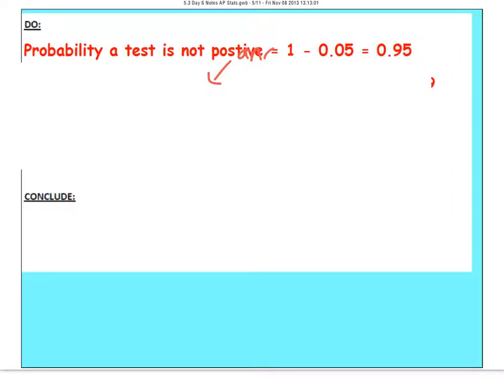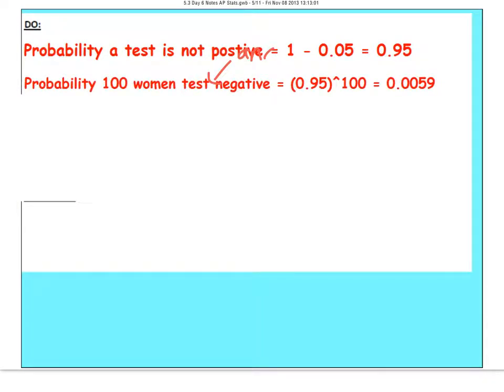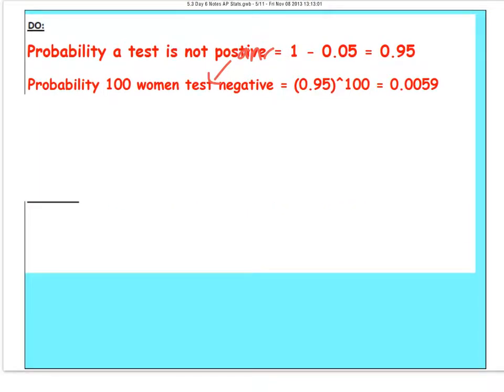So based on that, what is now the probability that 100 women all test negative? Okay, well, they're all independent, so 0.95 to the 100th power is going to give me this value right here. So if this is the probability that they all are going to test negative, I want to know the probability at least 1 is positive, which means it's everything else.